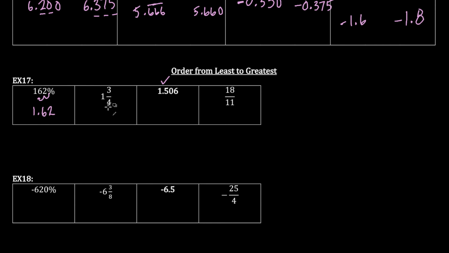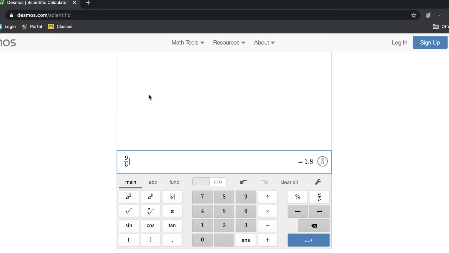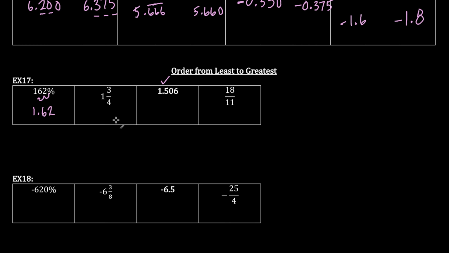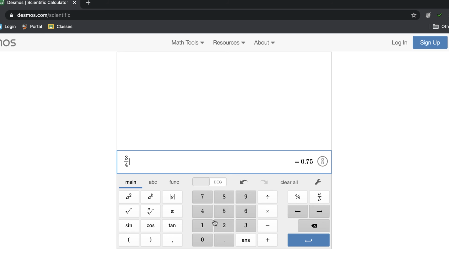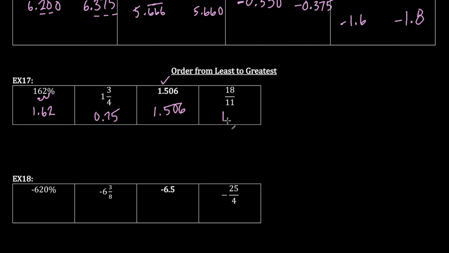If you don't know this one, let's just practice. 3/4 is 0.75. And this one is the same. I like to write it just so I know. And 18 elevenths. Oof, 63, 63, 63, 63 repeated. So 1.63 repeated.